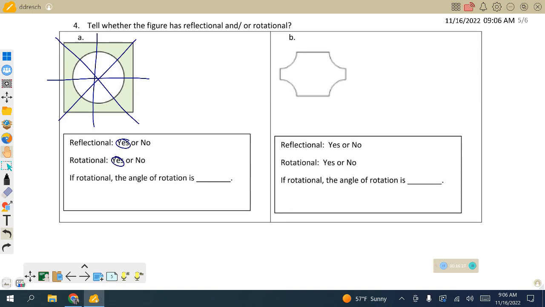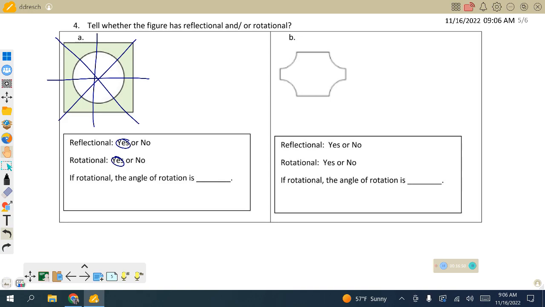Yeah. So when we say rotational, and the angle of rotation, I want the least degree possible. So if you can mentally erase those lines of symmetry, what would be the angle of rotation here? A 45?